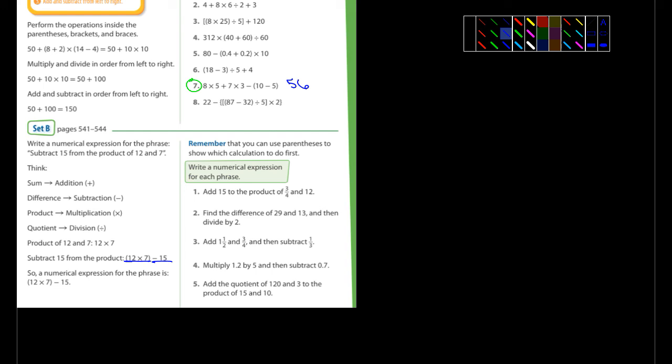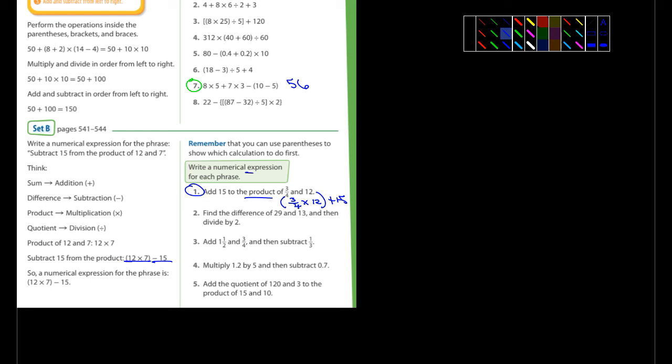So how about if we just do the very first one here, number 1. It says add 15 to the product, which means multiplying, 3/4 and 12. So that would simply be 3/4 times 12, and we're going to add 15 to that. There you go. There's no equal sign. This is just an expression.